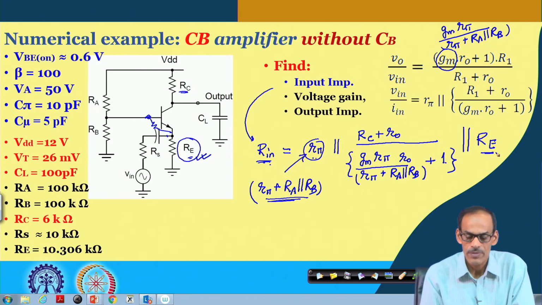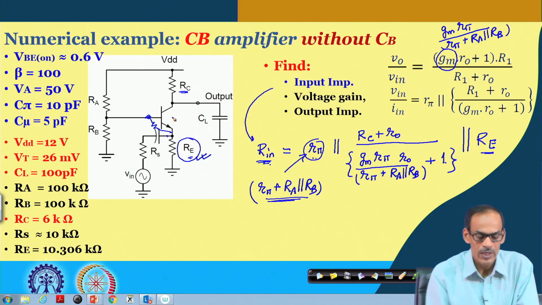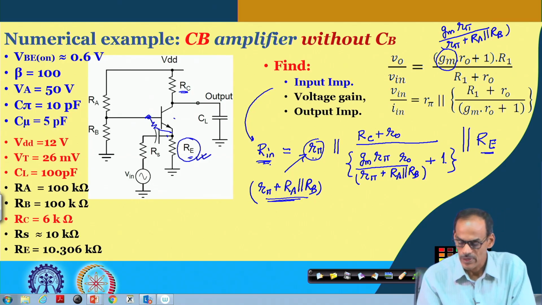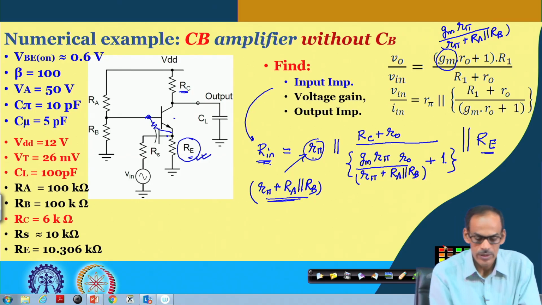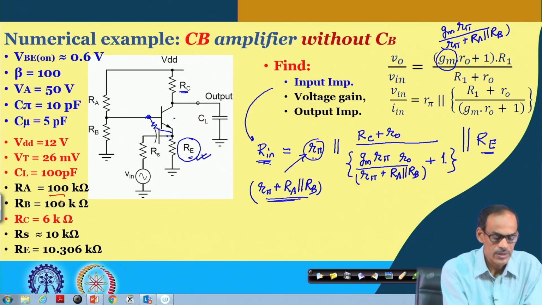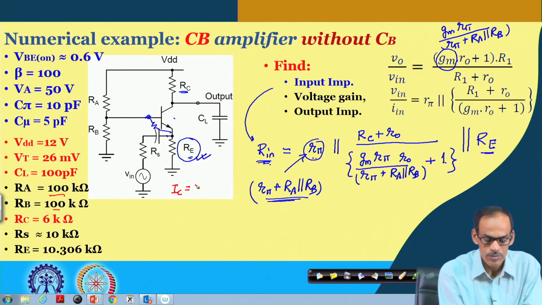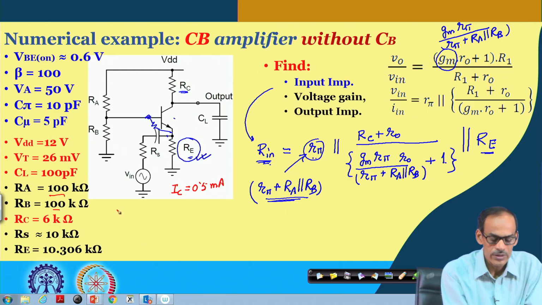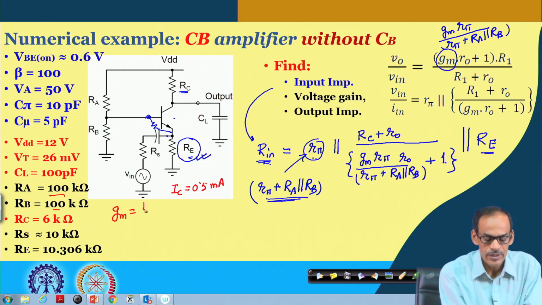We will see the voltage gain, and since we have this numerical example, let us calculate the input resistance by considering the values of G m, R naught, R c and so on. You may recall for this circuit, the conditions are that the collector current I c was 0.5 milliampere, and G m is I c divided by V t, the thermal equivalent voltage.